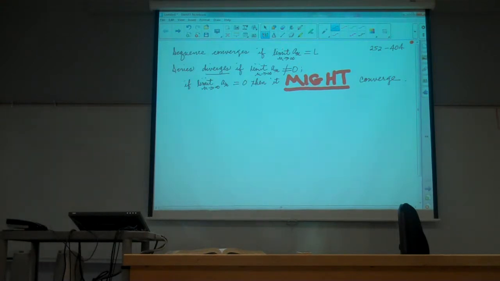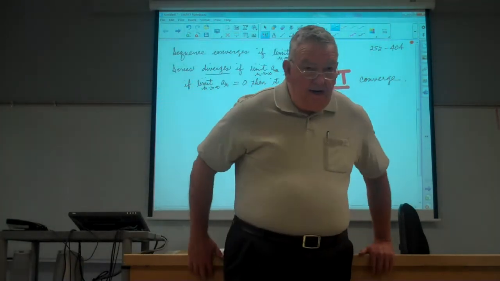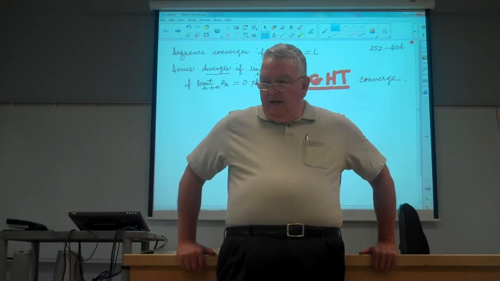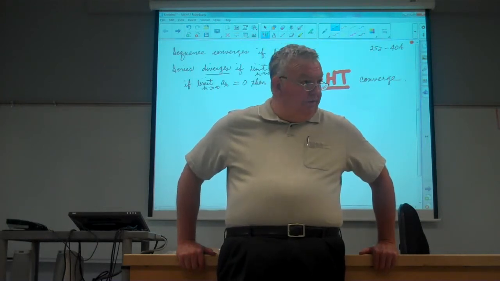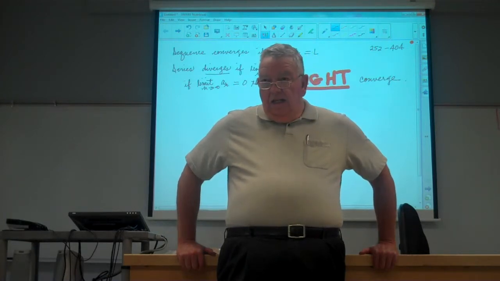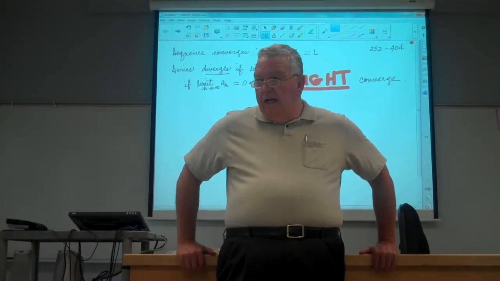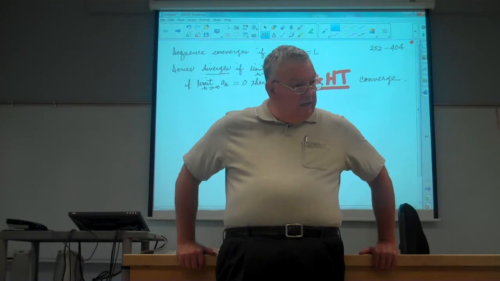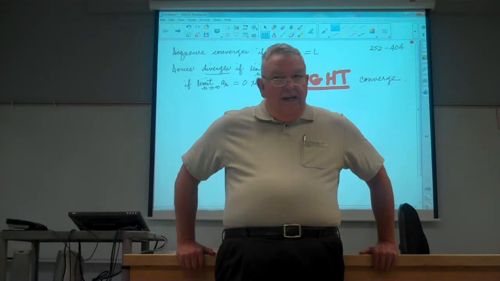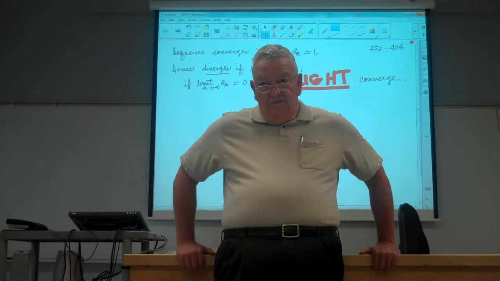So what I'm telling you is, in mathematics, you don't have to remember it this way. I'm going to give it to you in easier words, but in mathematics we talk about necessary and sufficient. It is necessary that the limit of the nth term as n approaches infinity is 0 for a series to converge, but it is not sufficient to show that it does converge.